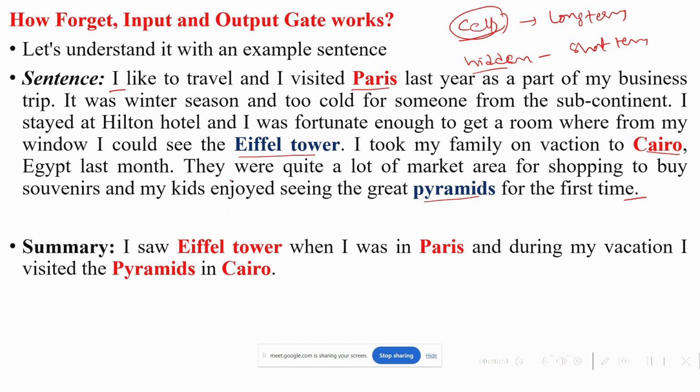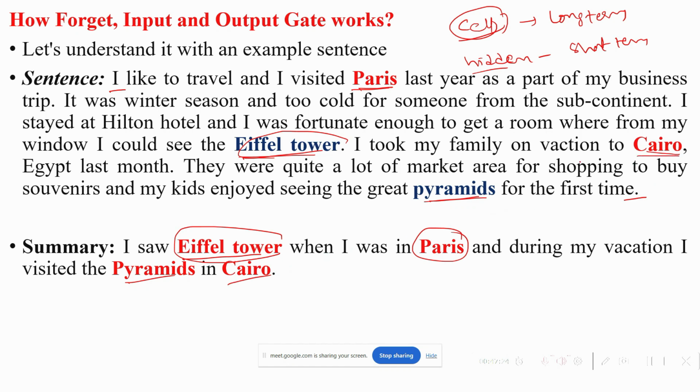So I saw Eiffel Tower, and Paris. Both are major keywords here. Okay, you are maintaining these things: Paris is in the first line of our paragraph, Eiffel Tower is in the fourth line of the paragraph, pyramids are in the last line of the paragraph, and Cairo is in the fourth line of the paragraph.